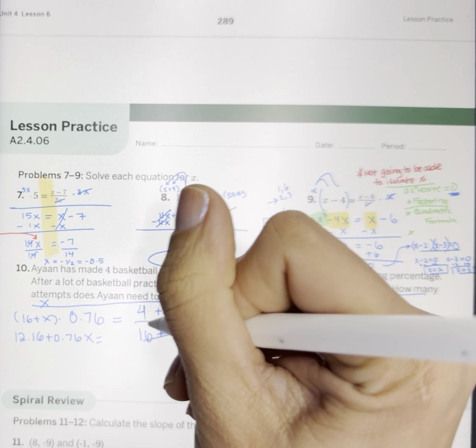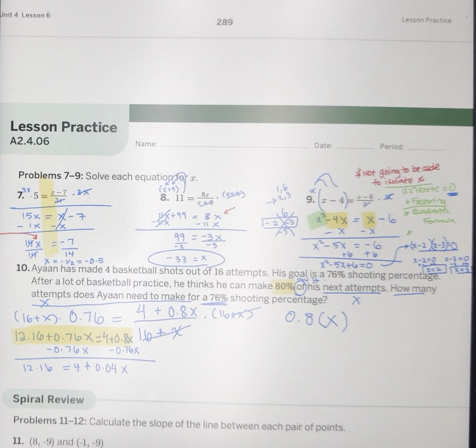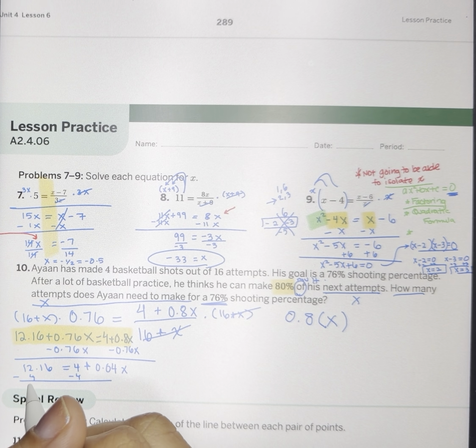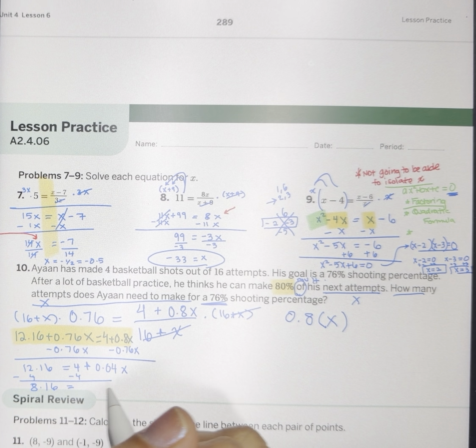So use your calculator. If you're iffy with decimals, you don't want to make a silly mistake here. And then now I solve this two-step equation first by subtracting the 4 to get 8.16 equals 0.04x. And now I have to divide both sides by 0.04. 204.